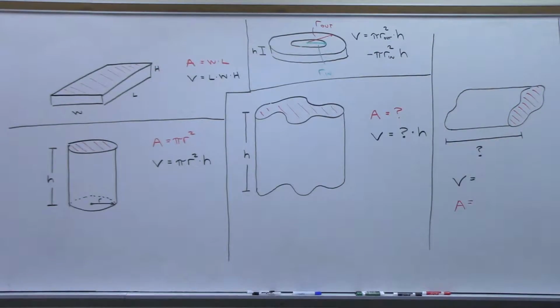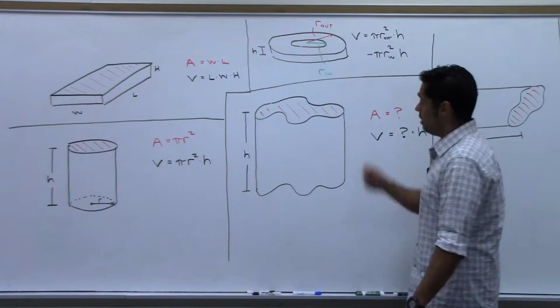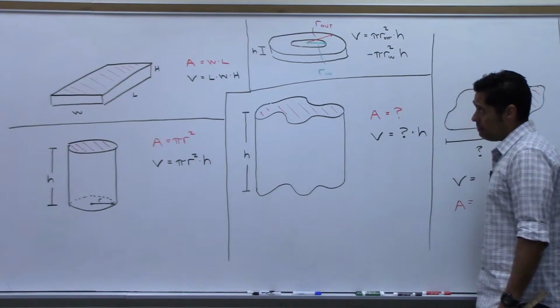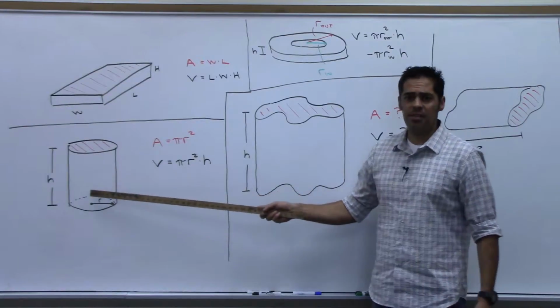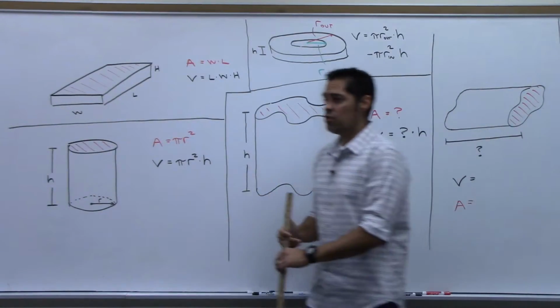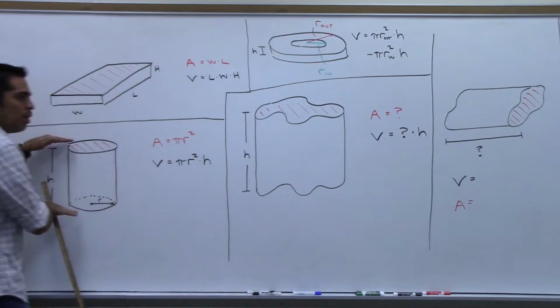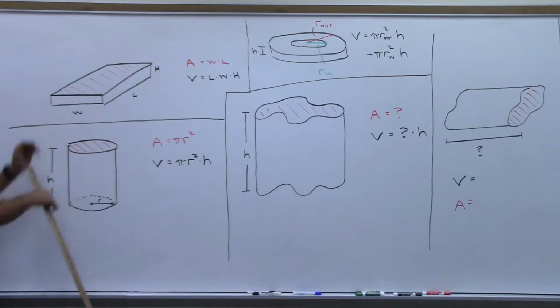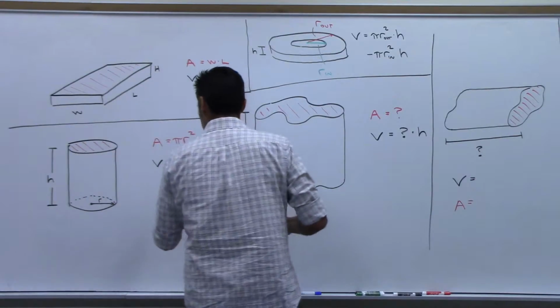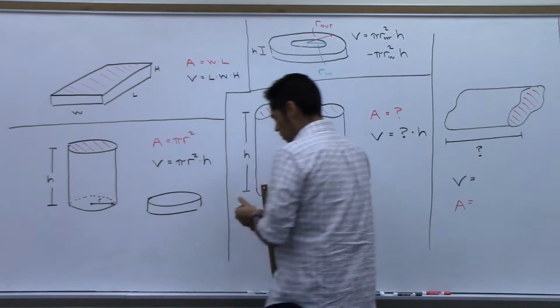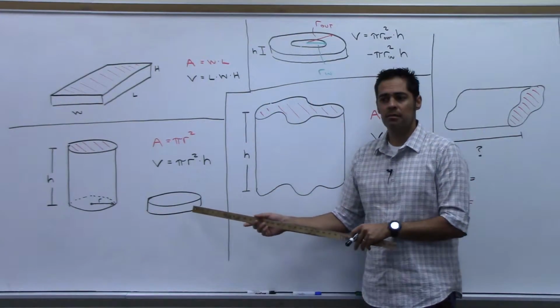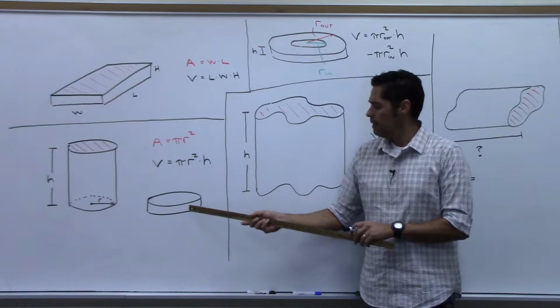All right. Another object that we're going to be interested in today is something like this, which is the same as a cylinder, except I've made it shorter. Okay, so I've made h smaller, so it looks more like this. We call this a disk. All right, this is a disk.